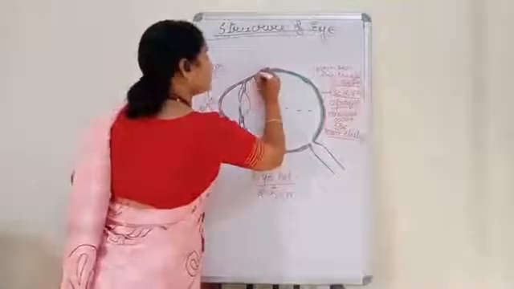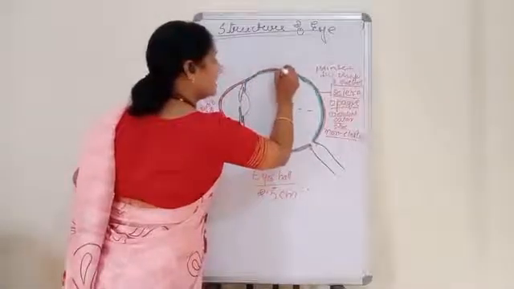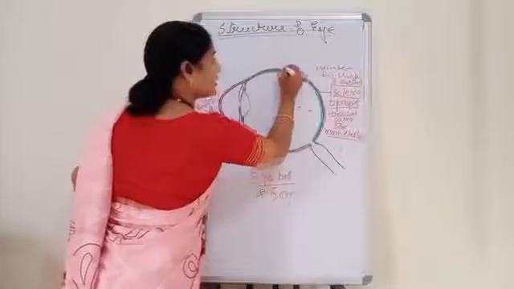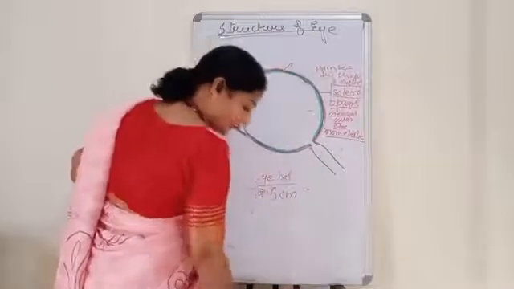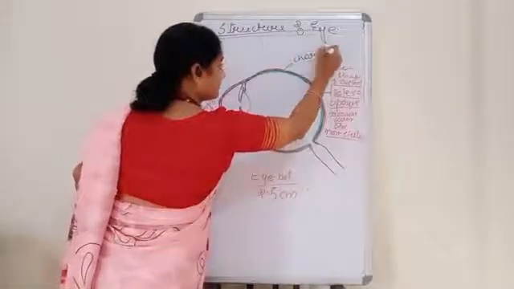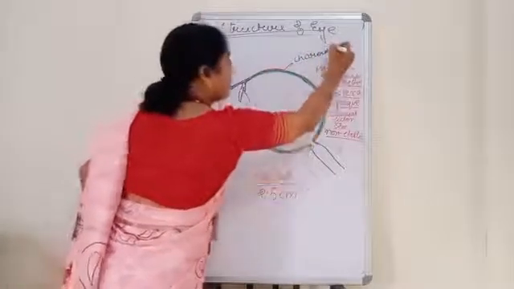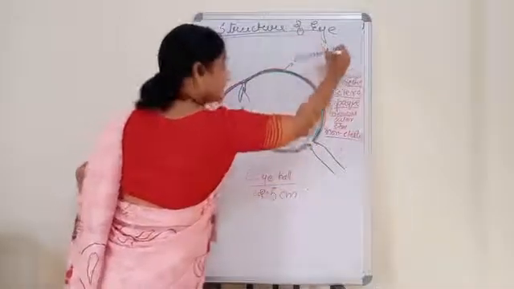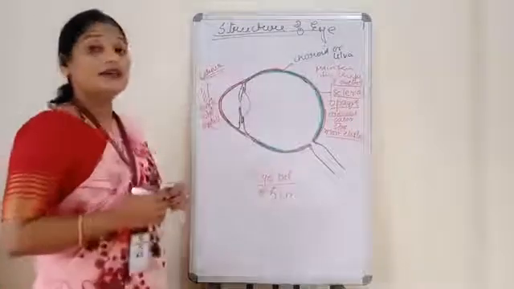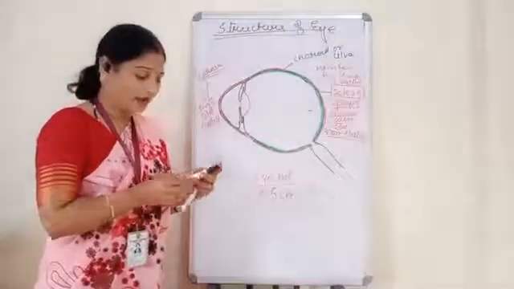This black portion of the eye is the middle layer, and this middle layer is called the choroid, C-H-O-R-O-I-D. Or it is also called the uvea. So this is the second layer of the eye.